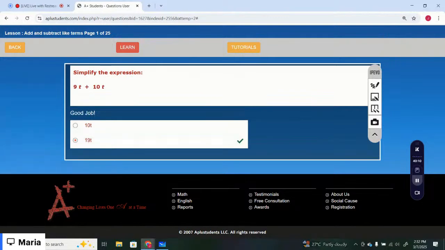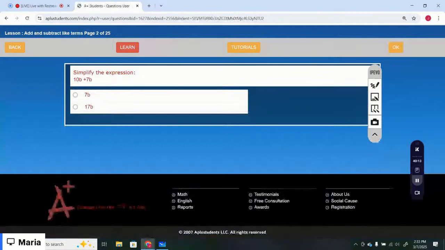Option number 2 is the correct option. 10b plus 7b. That is 17b. Option number 2 is the correct option.